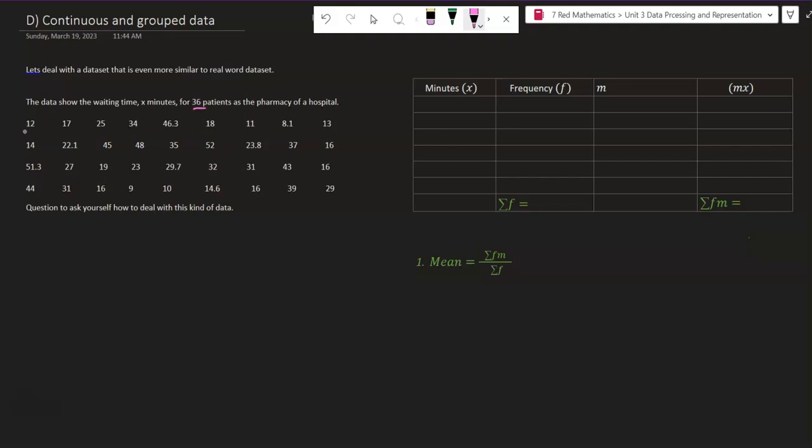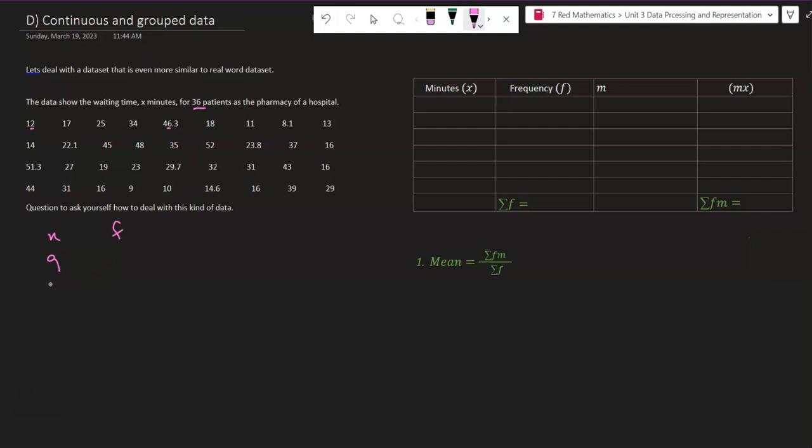Now we see that there is an integer and there is a decimal value as well, so let's try to make the table that we did with x and f. What is the minimum value of wait? The minimum value is, I think, 9, if I'm not wrong.